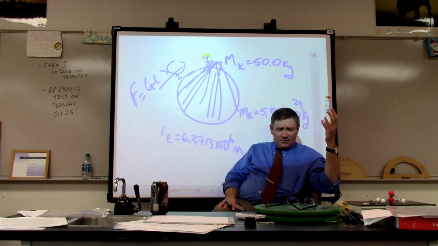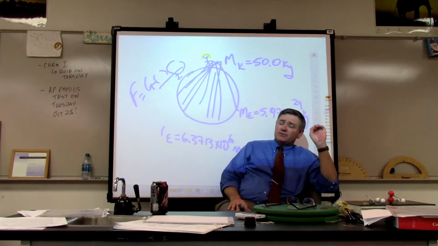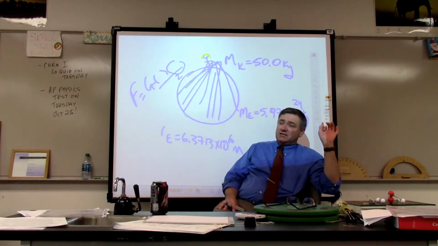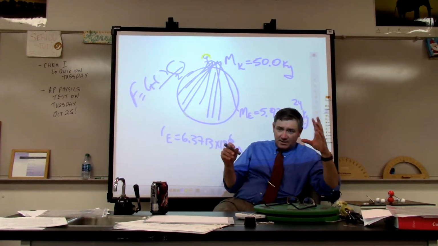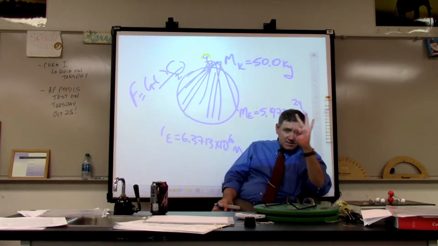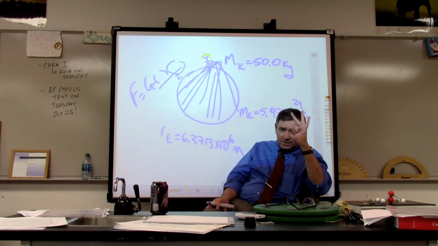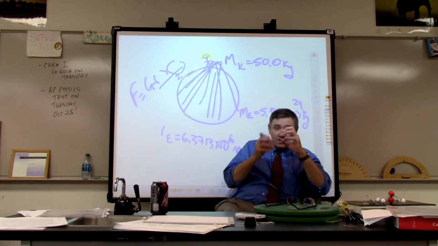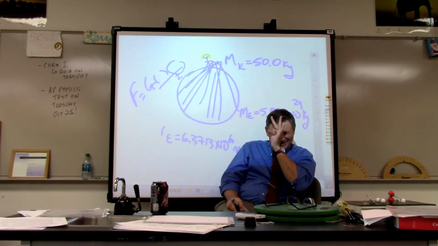So what we're going to do is treat Kendra and the Earth as what we call a point mass. The beauty of point masses is that instead of doing all these calculations, we're going to treat Kendra like she is condensed to a single point of mass. Like we're going to squish Kendra together until she's like this.